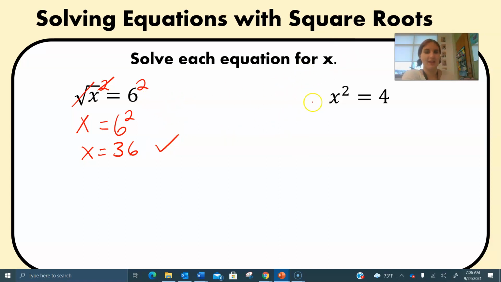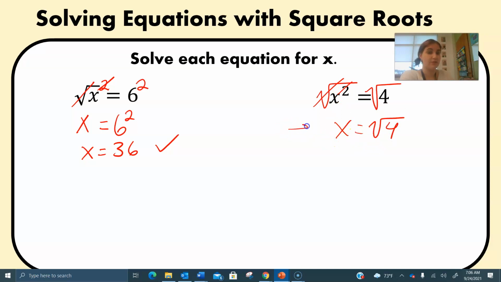Here's the next one: x squared equals 4. So what number squared equals 4? Maybe you know that off the top of your head, but we want to do the steps out, because that will help you understand it more. The opposite of squaring a number is taking the square root. So let's take the square root of both sides of the equation. Then the square root and the squared cancel each other out, and I'm left with x equals the square root of 4.